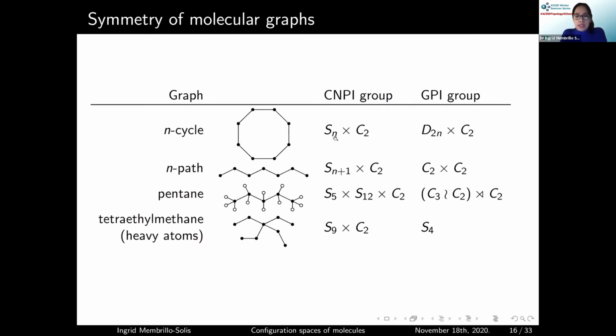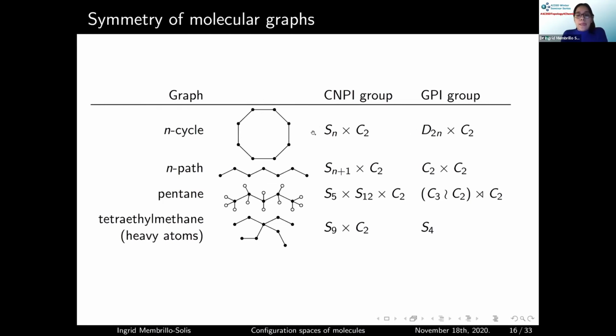But in this case, all the possible permutations are allowed between atoms which are identically the same. So that means that this group is huge, and indeed bigger than this one, because for GPI we are not allowed all kinds of permutations, but only the ones that preserve the orientation of the atoms.